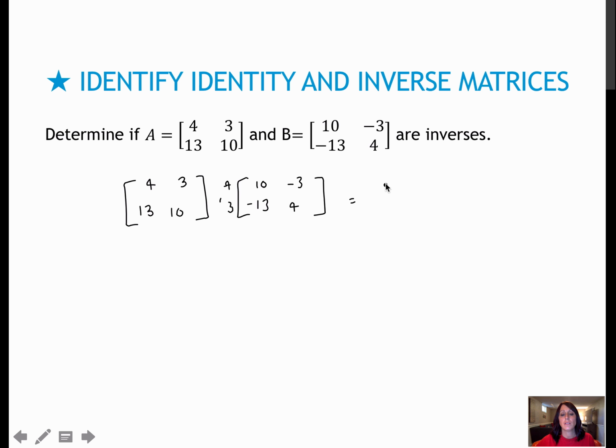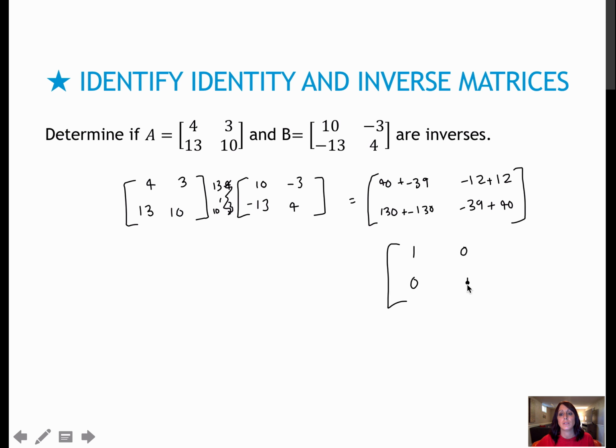That gives me 40 plus negative 39, and then negative 12 plus 12, and then I do the same thing with 13, 10, which gives me 130 plus negative 130, and then negative 39 plus 40. So simplifying each of those, that gives me 1 and 0 and 0 and 1, so they are in fact inverse matrices.